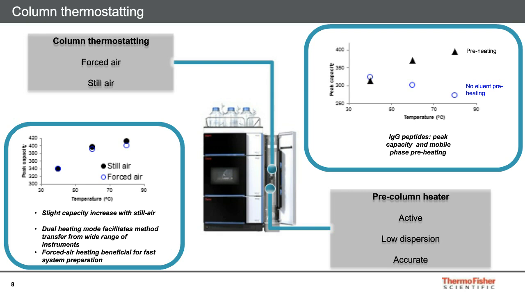This is a really important thing to take into consideration when running peptide mapping at high temperature, because if you don't properly preheat the mobile phase, when you increase the temperature of the experiment, you don't actually improve the peak capacity, but you will decrease it, as you can see in the figure on the top right. The pre-column heater is an active heater and is low dispersion, so you should not fear that you lose the column resolution by implementing this extra hardware.